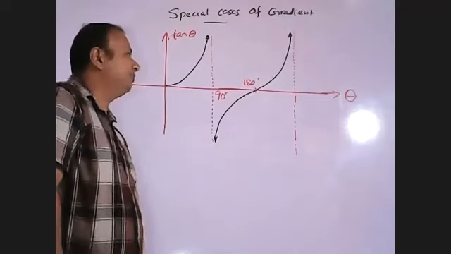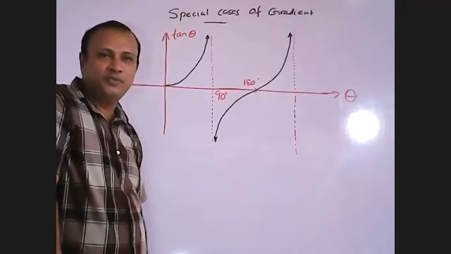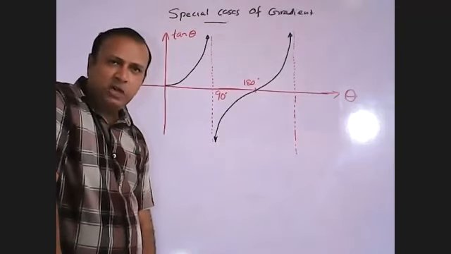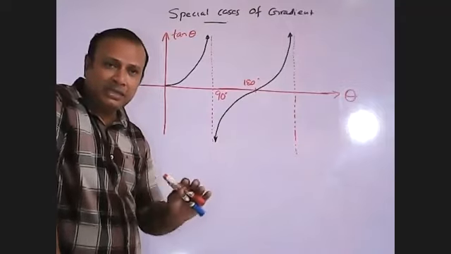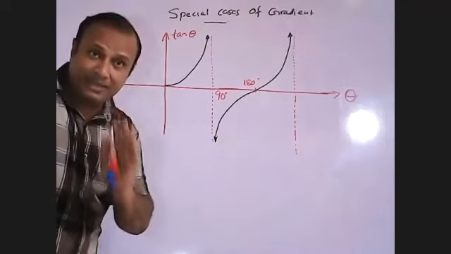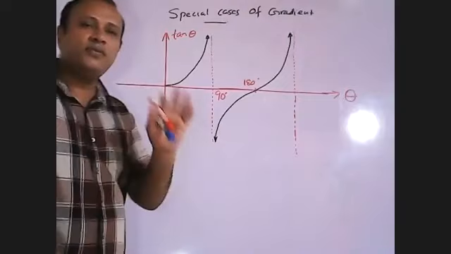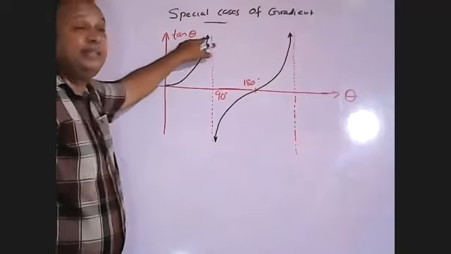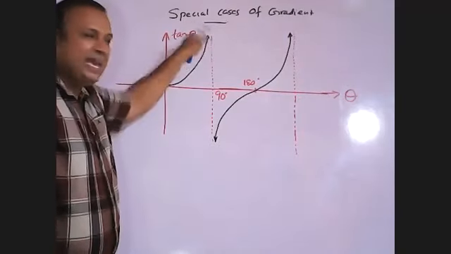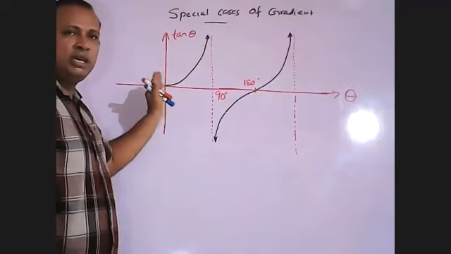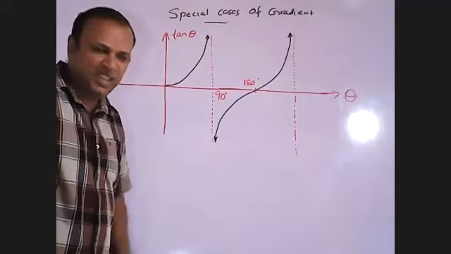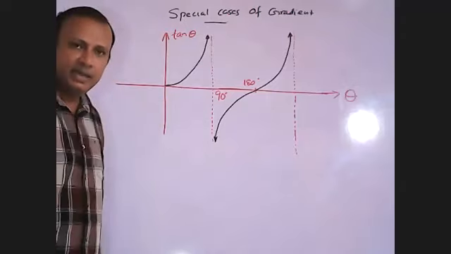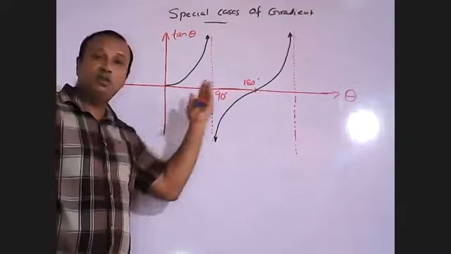Now we have to utilize that knowledge. So this is the tan curve. If you don't know about tan curves, we can get that using the values of tan. Tan 0 is 0. Tan 90 is infinity. If theta is an acute angle, tan values are positive.